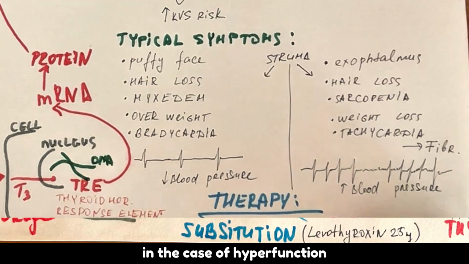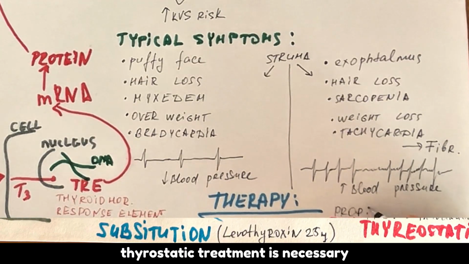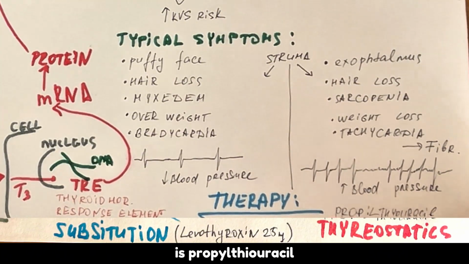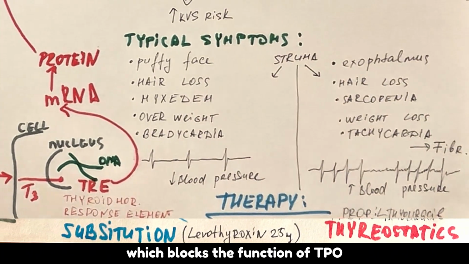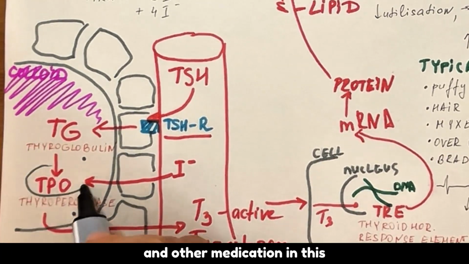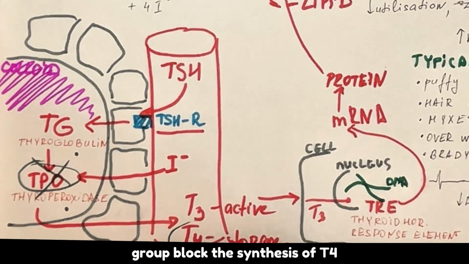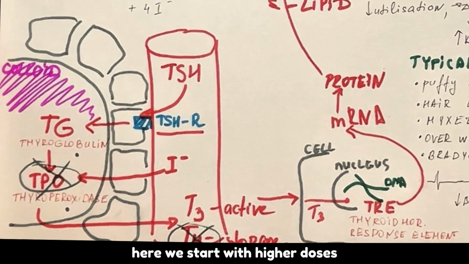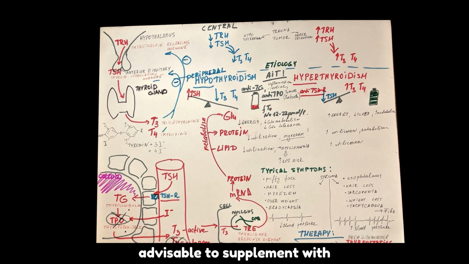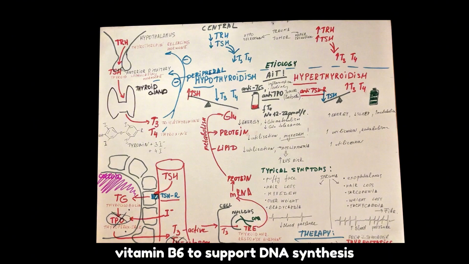In the case of hyperfunction, thyrostatic treatment is necessary, where the typical medication is propylthiouracil, which blocks the function of TPO, and other medications in this group block the synthesis of T4. Here we start with higher doses. It's also advisable to supplement with vitamin B6 to support DNA synthesis.